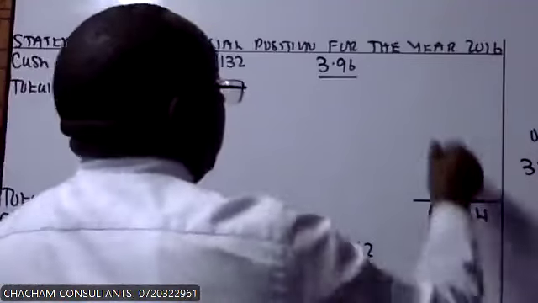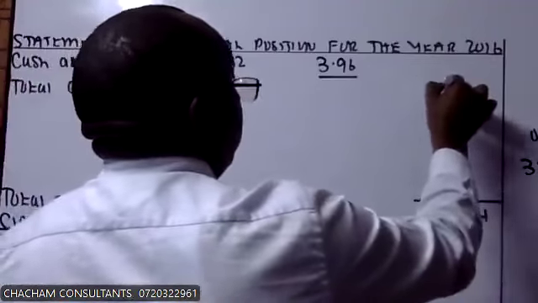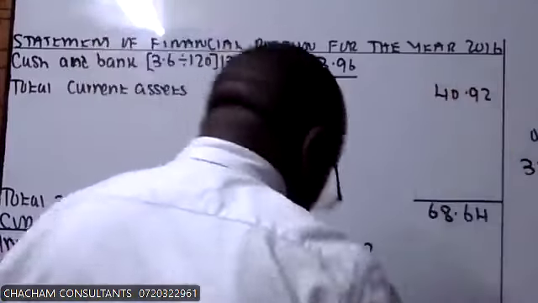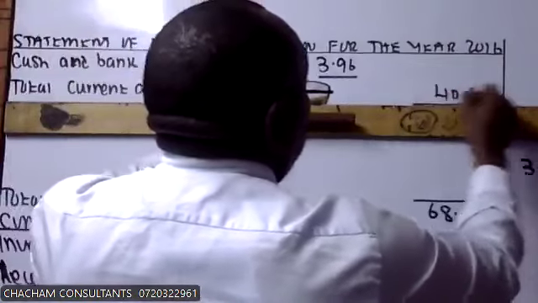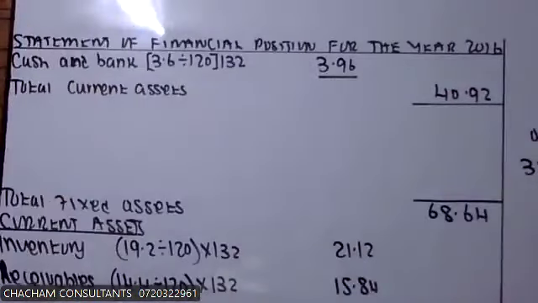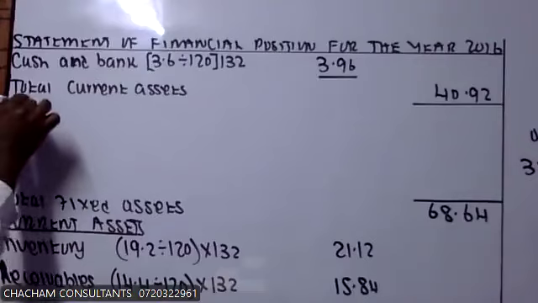So tunaileta hapa 40.92. Then we underline here so that now we are able to say total assets.